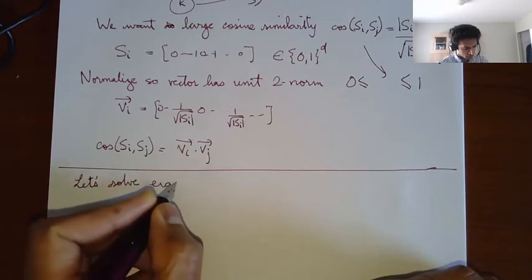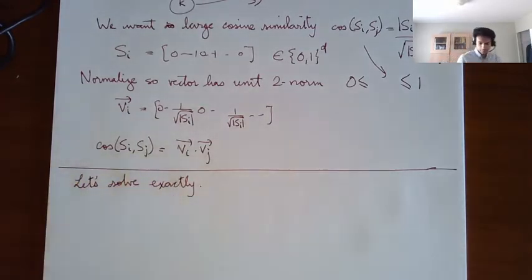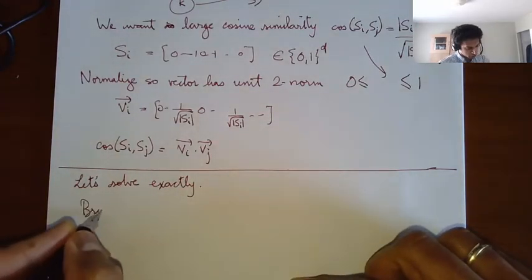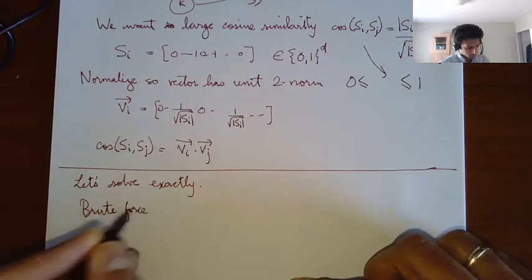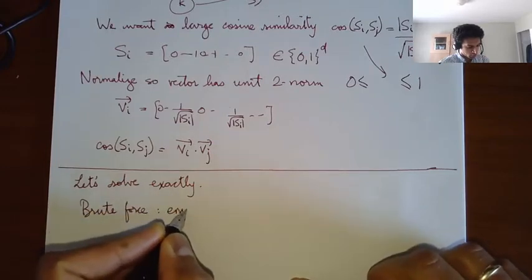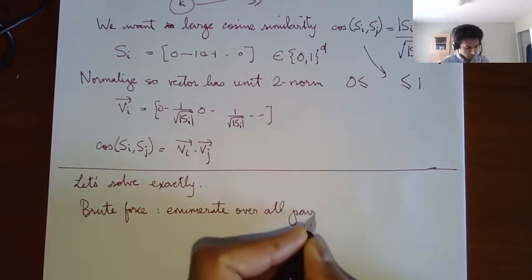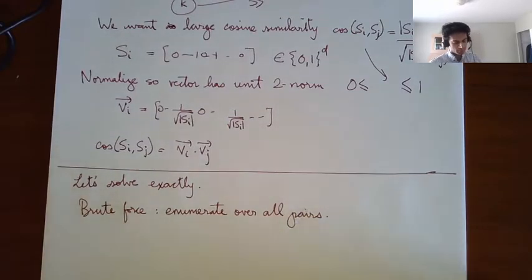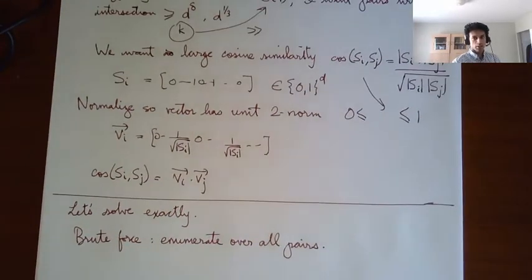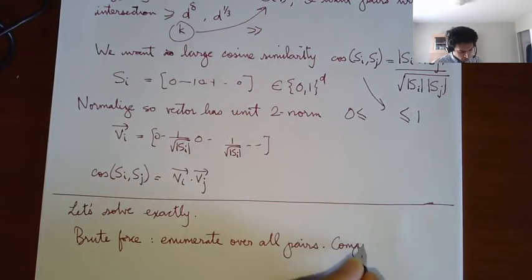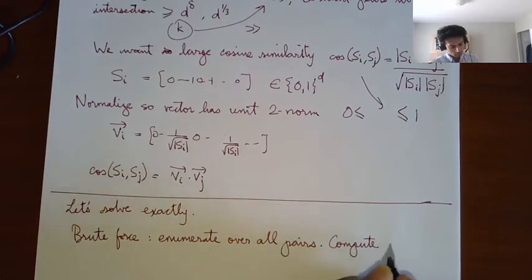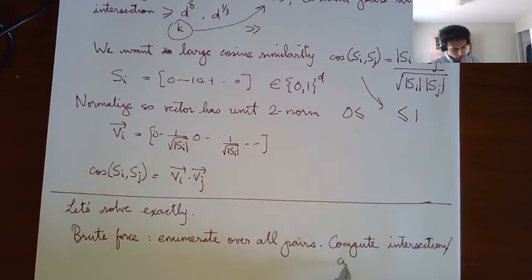The brute force solution is to enumerate over all pairs, and compute the intersection or the cosine similarity.